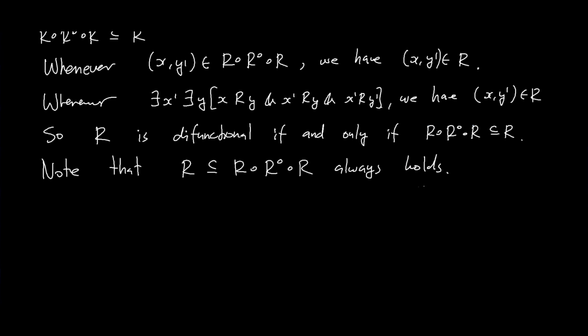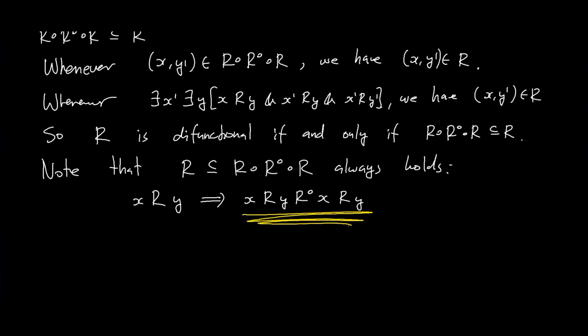So why does this always hold? Well, that's easy, because if I have X R Y, then I can write X R Y, Y R op X, X R Y. Because if X is related to Y, then Y will be R op related to X. So I get this thing, those things exist that ensure that X and Y are in that relation.